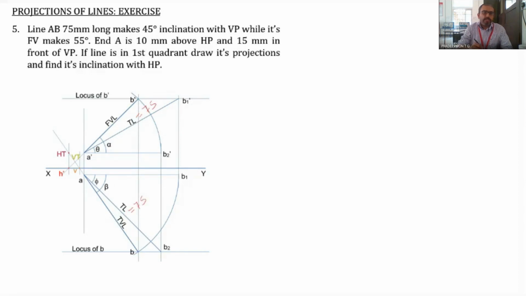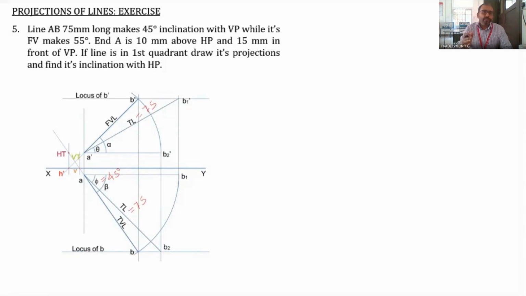Then it makes a 45-degree inclination with the VP, which means phi should be equal to 45 degree. Since it is the true inclination with the VP, phi is given as 45 degree.